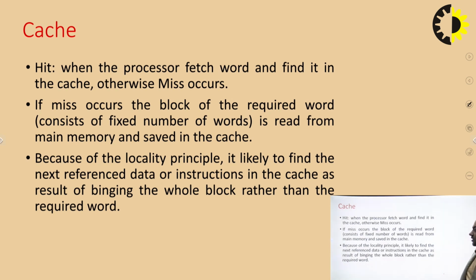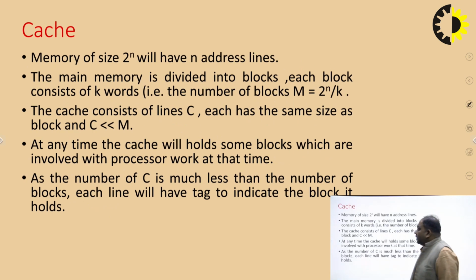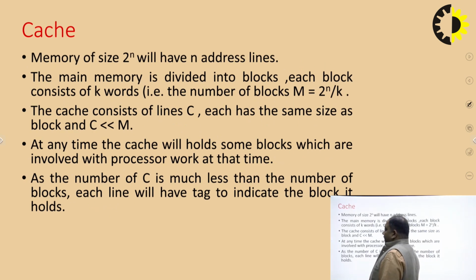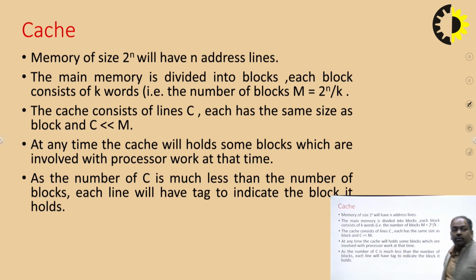So there comes the principle of locality, which is based on the likelihood of finding the next referenced data and instruction in the cache memory, which can result in bringing the whole block rather than the required word.